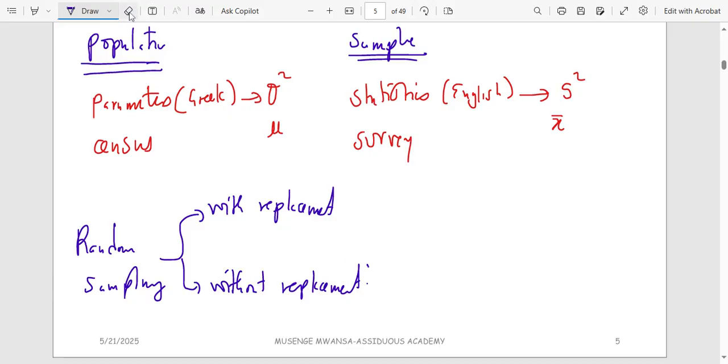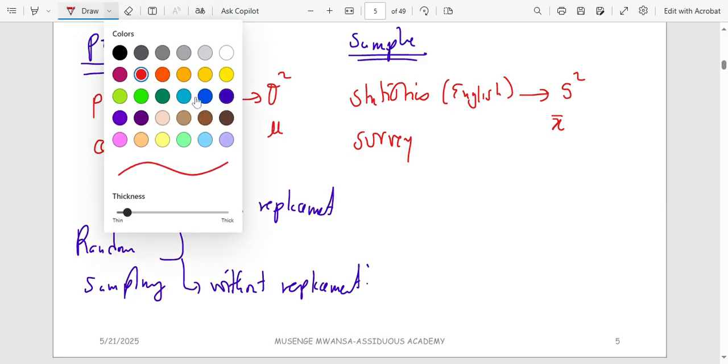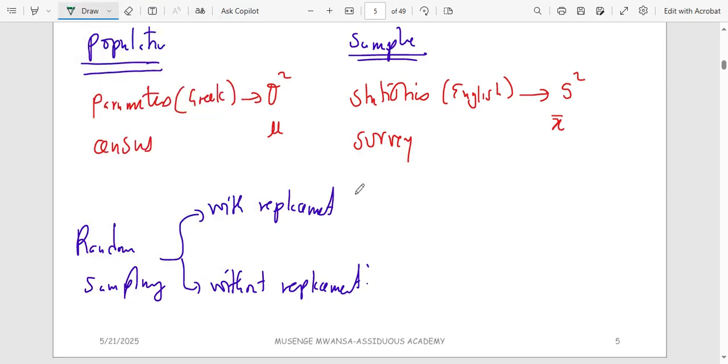So for those that we are getting with replacement, let's say for example, you have got a bucket, and that bucket contains balls. Let's say six green balls and then four blue balls. What is the probability of picking a green ball? So the probability of picking green as the first ball is going to be 6 out of 10.